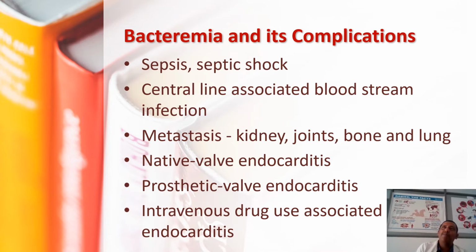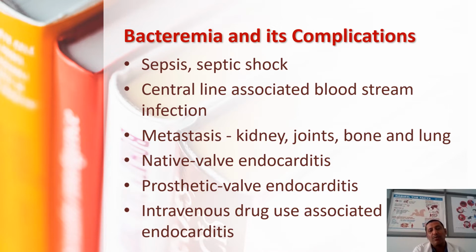Next, through the blood route, it most often infects the endocardium, causing endocarditis, native valve endocarditis. It is one of the causes of acute and subacute endocarditis.